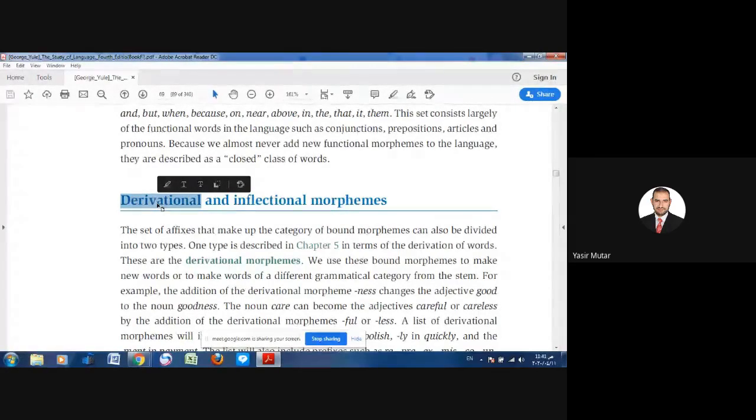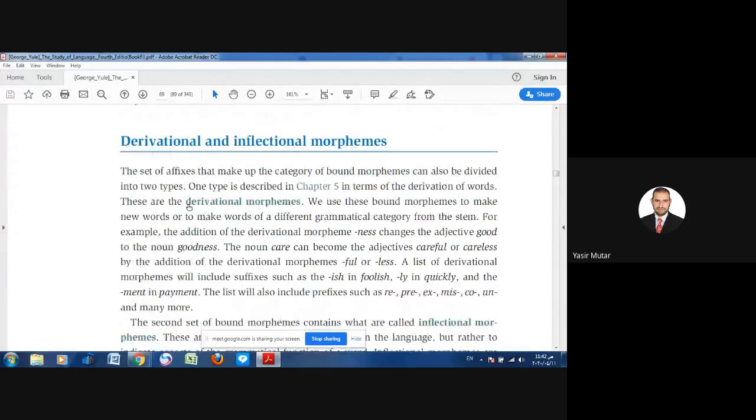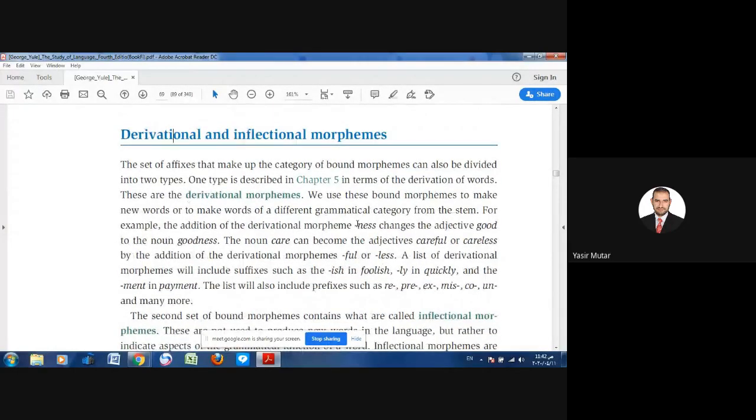We have prefixes, infixes, and suffixes. So what's meant by derivational morphemes are those affixes added to the beginning of words, or in the middle of words, or at the end of words. For example, good is an adjective.